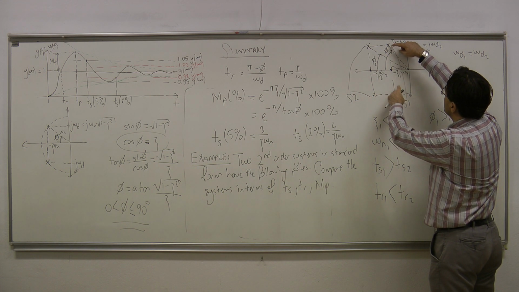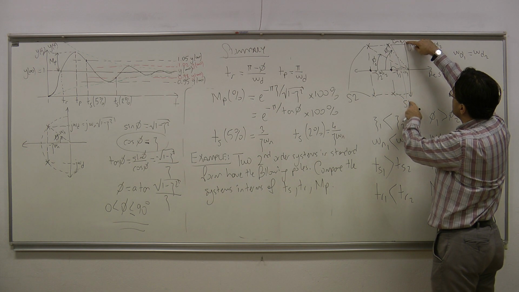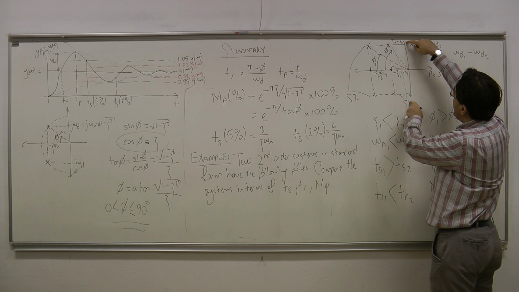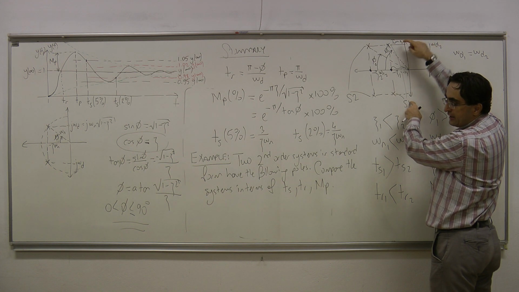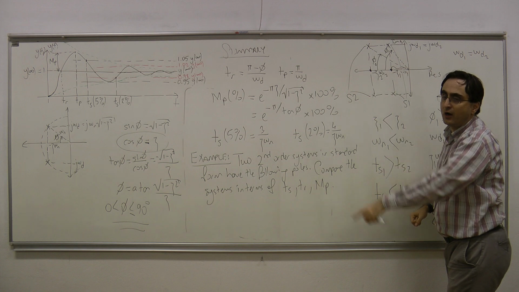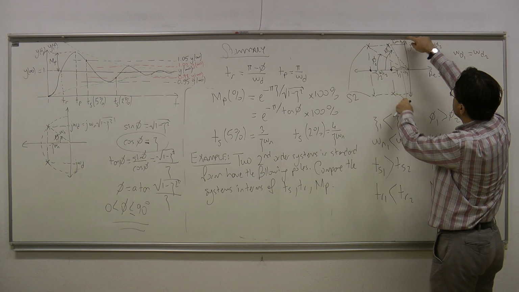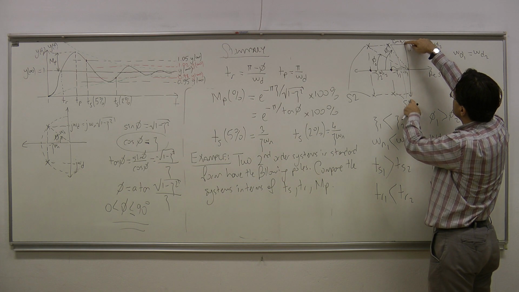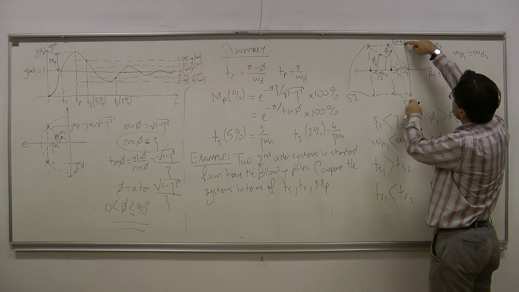What happens when this angle becomes 90 degrees? In that case, I would have just the undamped case, and in the undamped case, I have the largest maximum overshoot. As the angle gets larger, and when it comes to 90 degrees, I have the maximum overshoot.